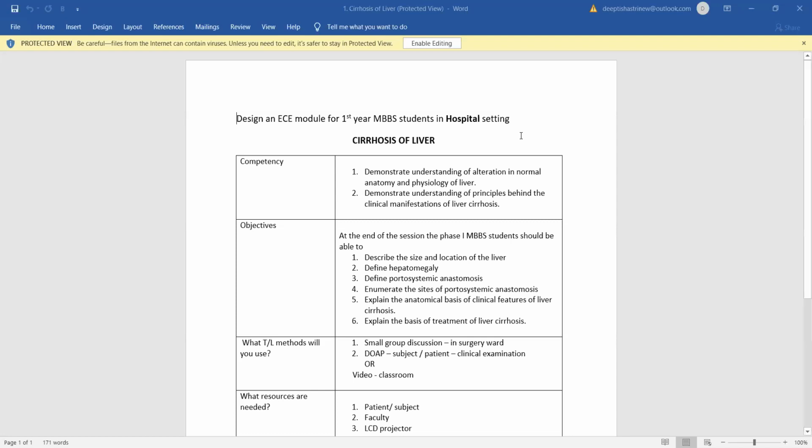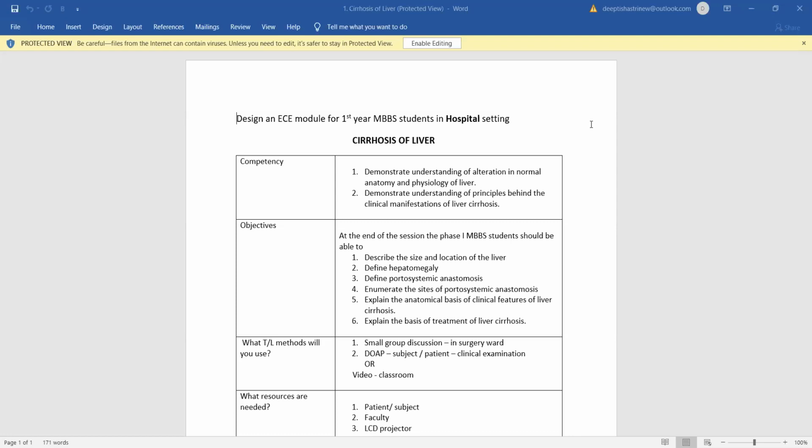Deepti ma'am, I would like to suggest, should we be including the gross anatomy part of that topic for ECE? I think usually we deal with the anatomy part earlier, and here we are more concentrating on the clinical aspect as well as the other aspects, and they are doing the observation.